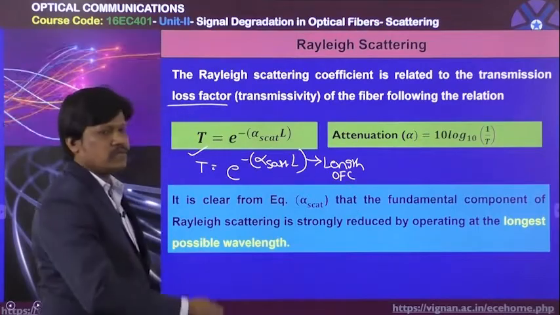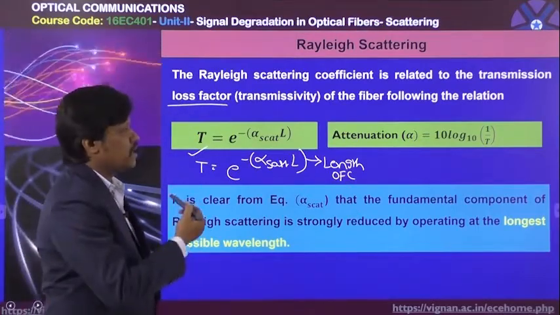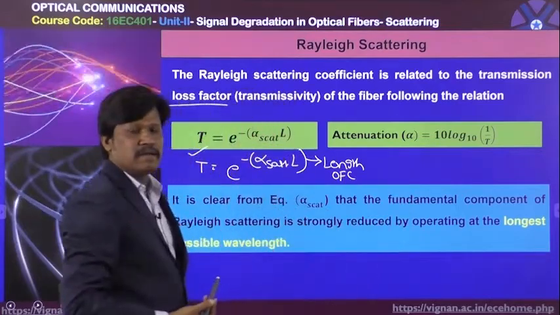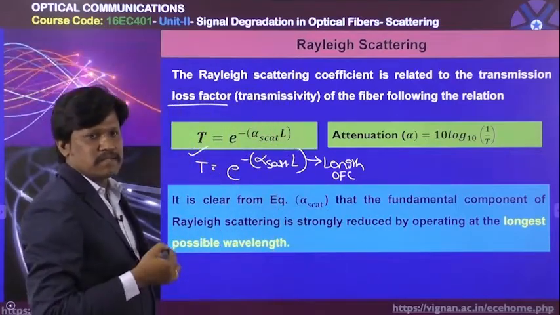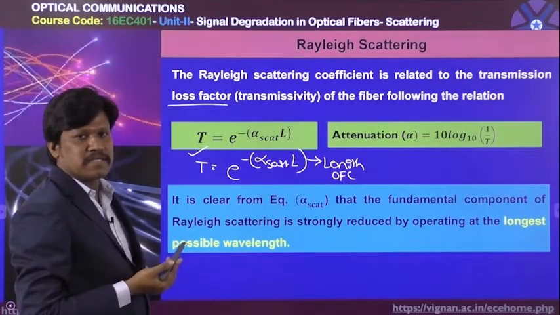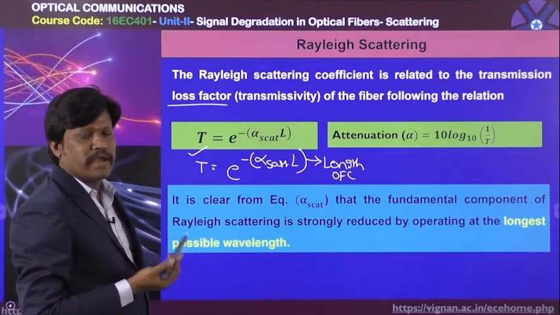As we already discussed for attenuation, alpha is 10 log base 10 of 1 by T, where T is the transmittivity or transmission loss factor.